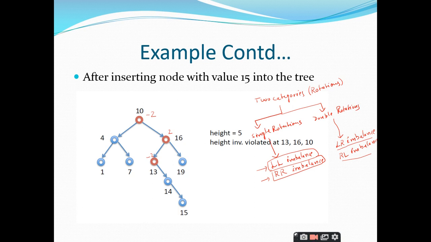LL imbalance stands for left of left imbalance. RR imbalance stands for right of right imbalance. Similarly in the other category, the double rotations, we have two types of imbalances, the LR imbalance and the RL imbalance. LR imbalance stands for left of right imbalance and RL imbalance stands for right of left imbalance.